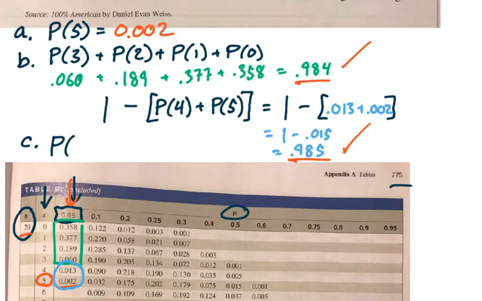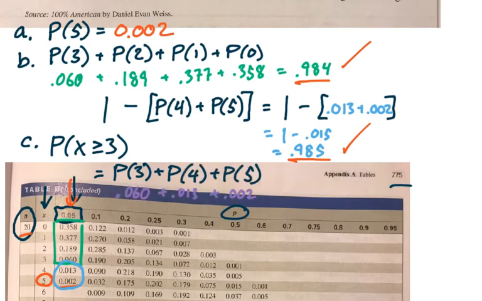P of X greater than or equal to 3. And that will break apart as P of 3 plus P of 4 plus P of 5. So we are simply adding up these 3 values.